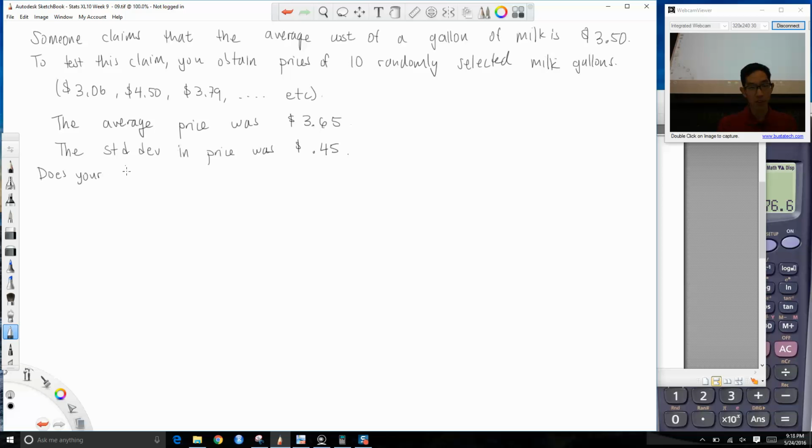Does your data provide evidence that the cost of a gallon of milk is not $3.50? Here it's just saying is not. So figure out your hypotheses.